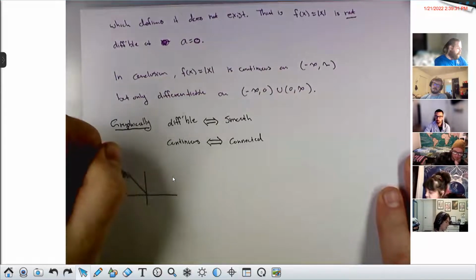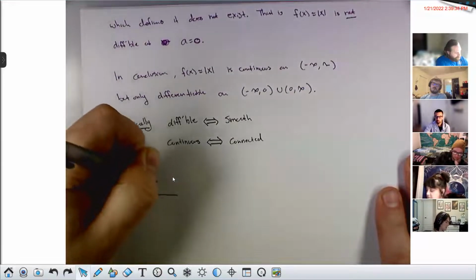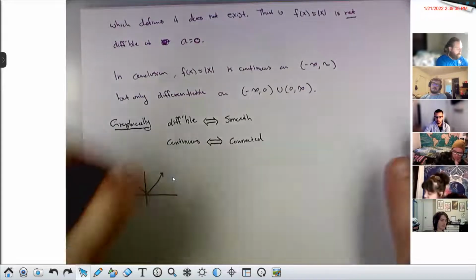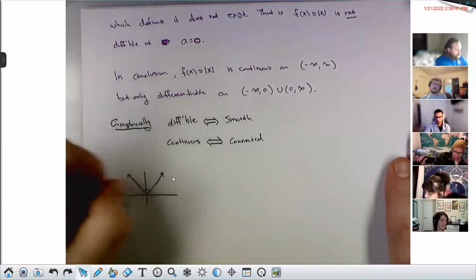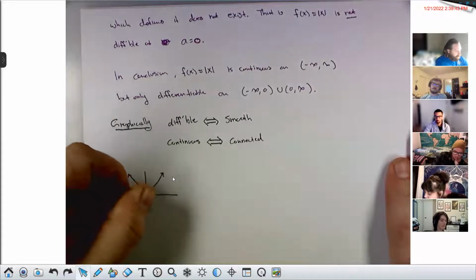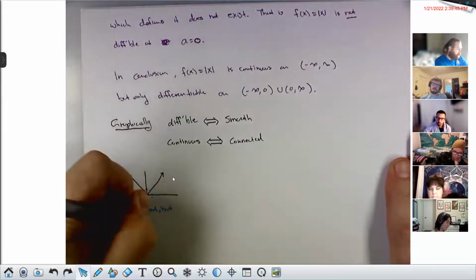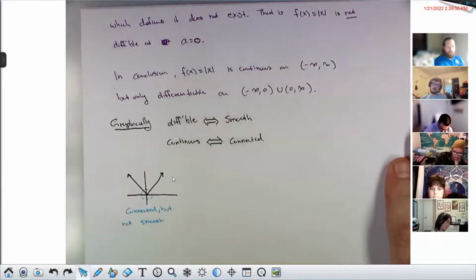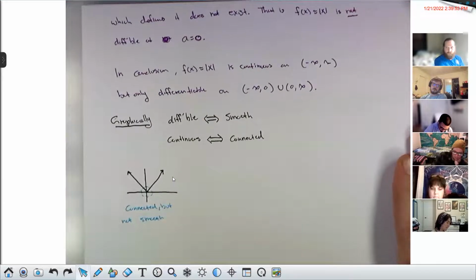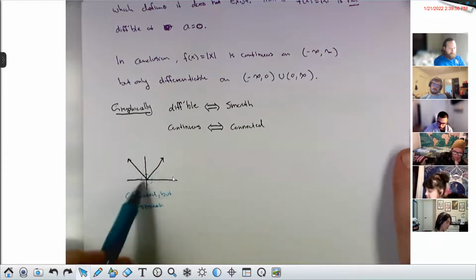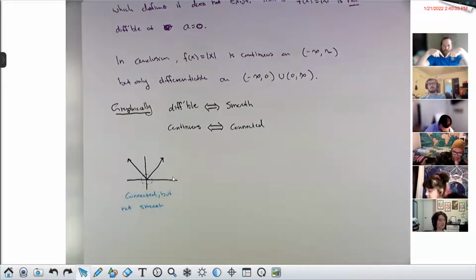The absolute value function at 0 is connected, but not smooth. Right? It has a hard edge there. And no matter how much you zoom in, you can play with this in Desmos, no matter how much you zoom in on the point here at x equals 0, it will always have that pointy thing. It never gets smooth when you zoom in a lot.